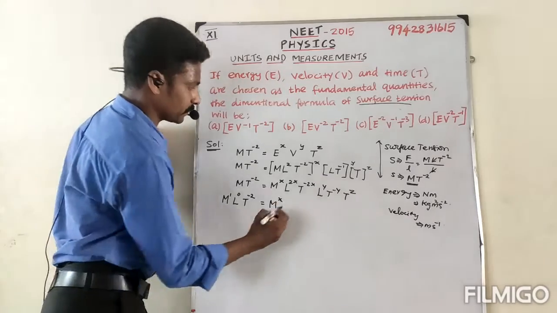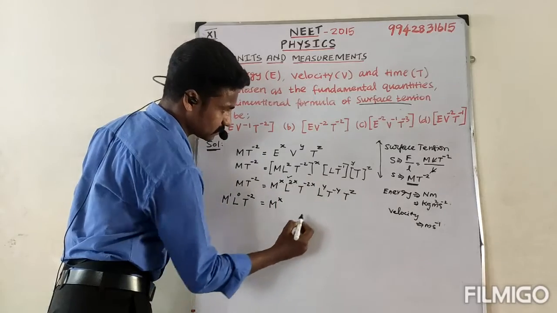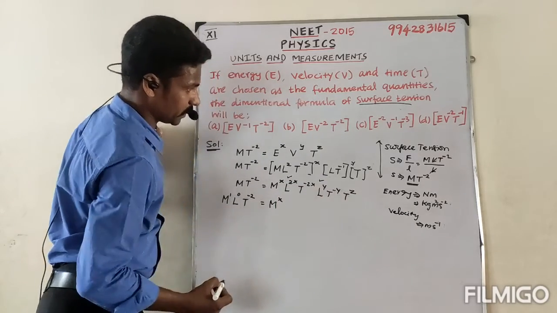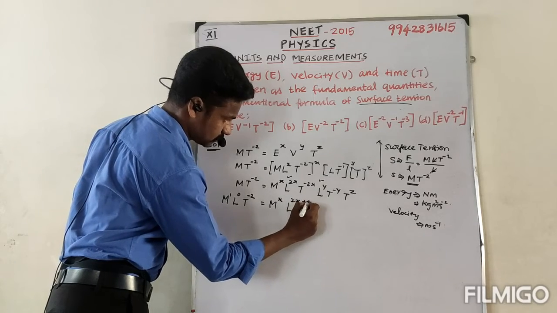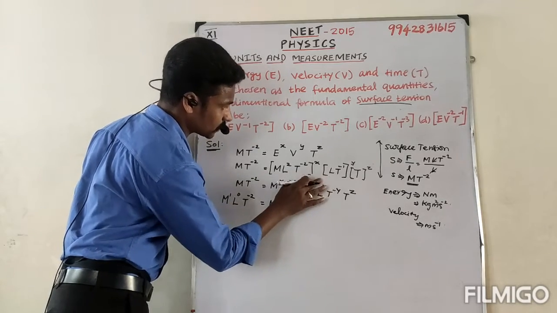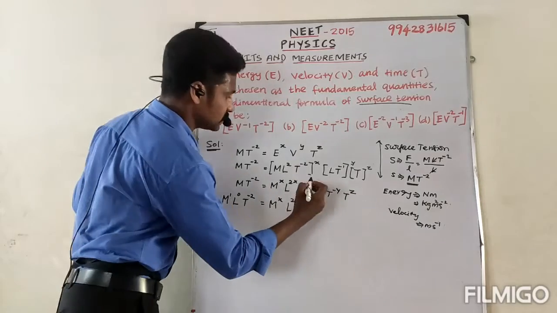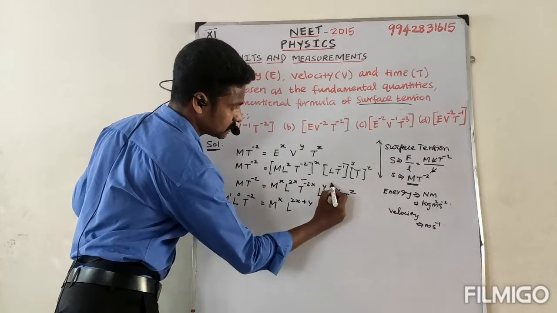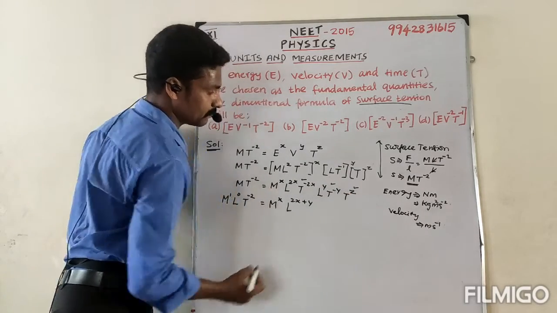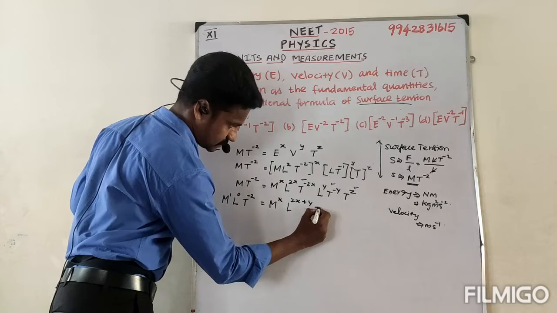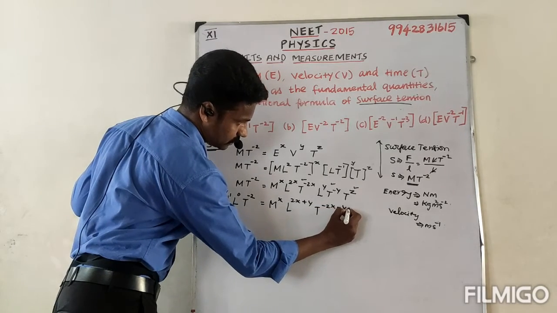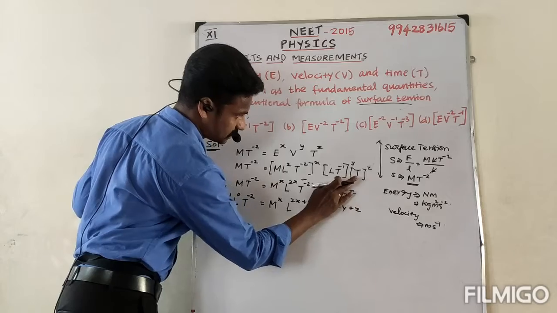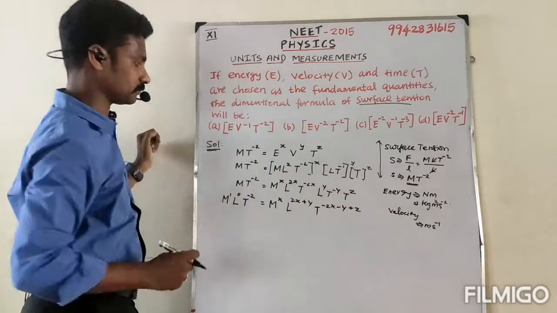Next L: L^2X, then L^Y, so L^(2X+Y). Now the L value is over. Next T: T^-2X, T^-Y, then T^Z, so T^(-2X-Y+Z). Now the T value is also over.